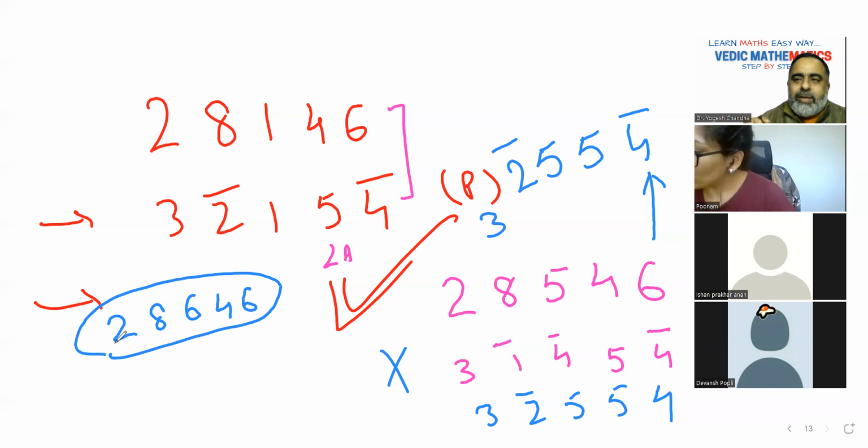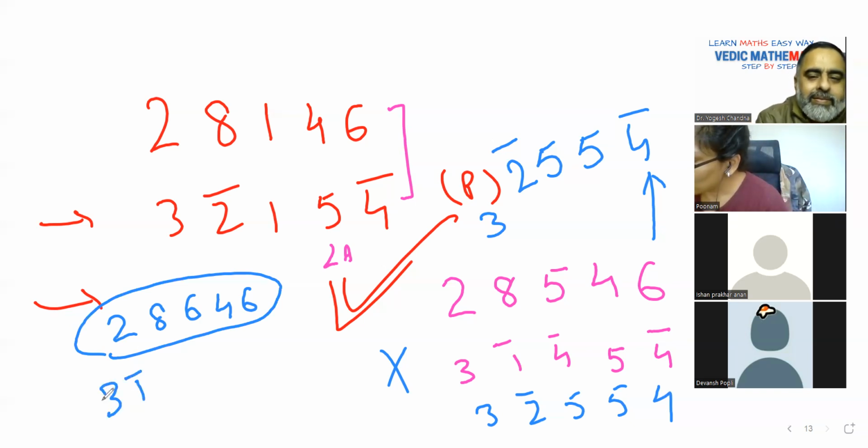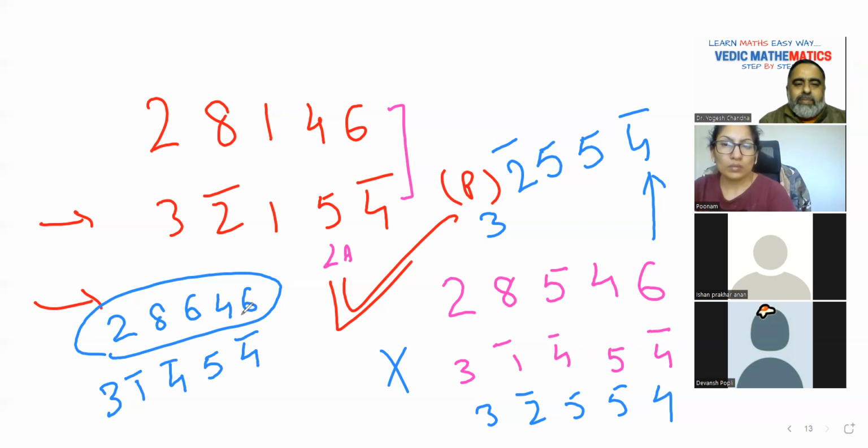See, math. So is it 3, 1 bar? Yeah. 3, 1 bar, 4 bar, 5, 4 bar. Yes, sir. Yes, Sudhanshu, Kalpana. Where are you finding difficulty, Sudhanshu?